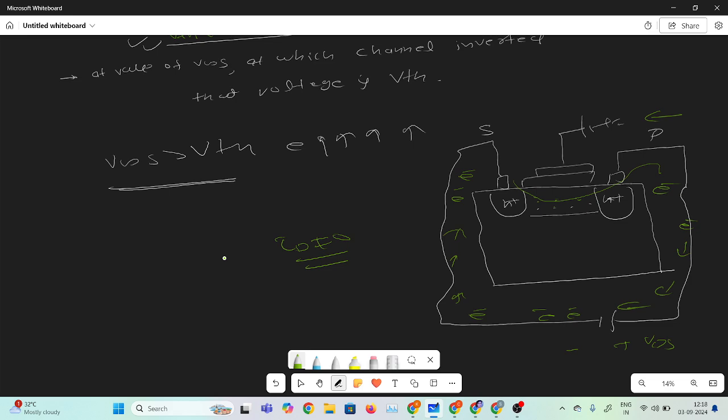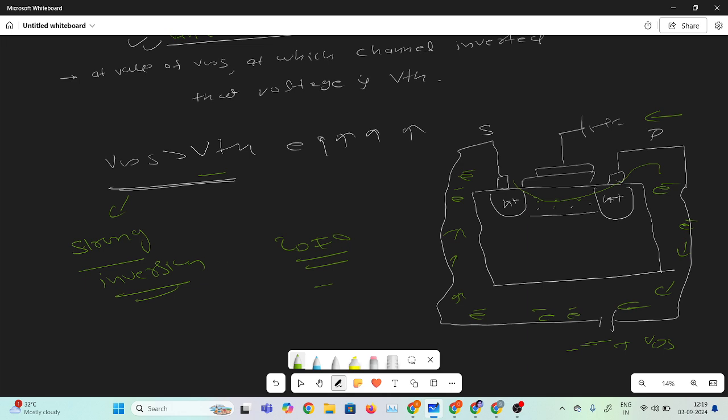This is the complete analysis of the enhancement mode. If we apply more and more VGS compared to VTH, that is called strong inversion.